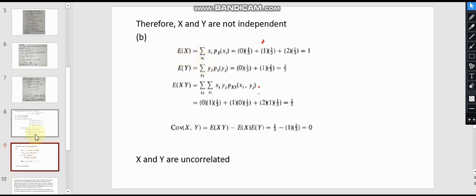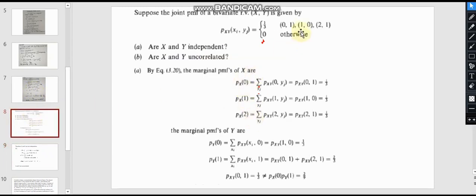Taking the B part of this problem, we have to find their correlation, and the covariance can be defined by this formula. First we have to find the expected value of X, which is 0 times 1/3 plus 1 times 1/3 plus 2 times 1/3.